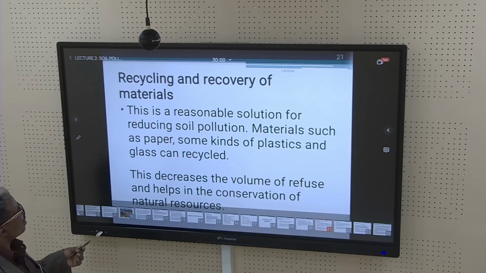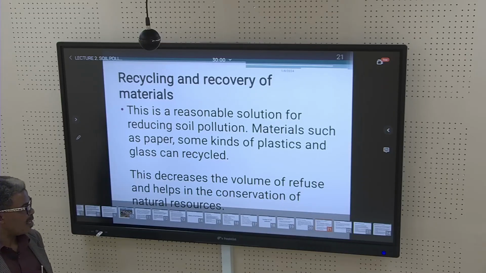Now it's recycling and recovery of materials. This is a reasonable solution for reducing soil pollution. Materials such as paper, some kinds of plastics, and glass can be recycled. This decreases the volume of refuse and helps in the conservation of natural resources.